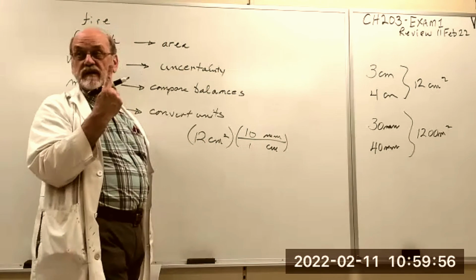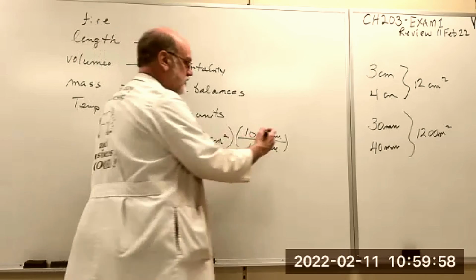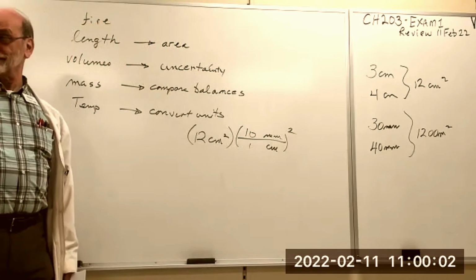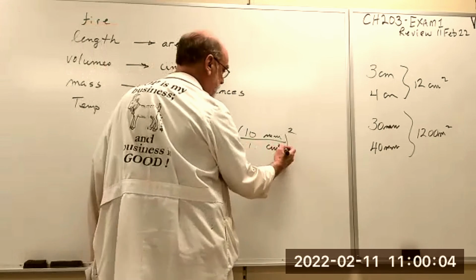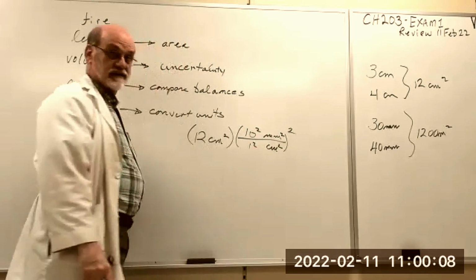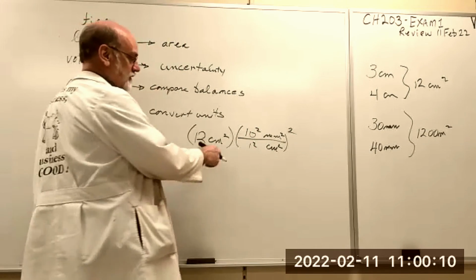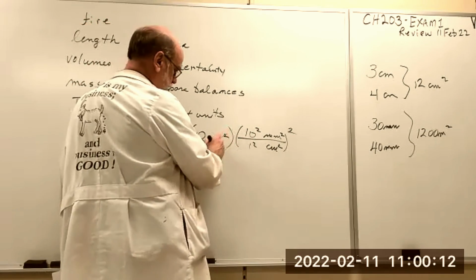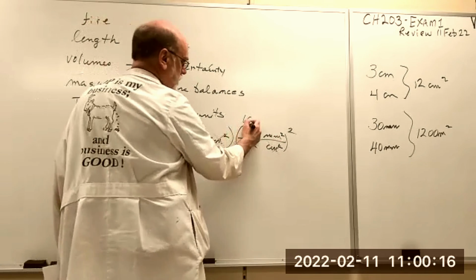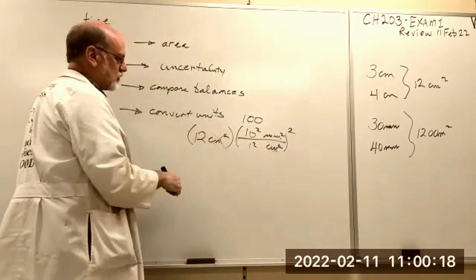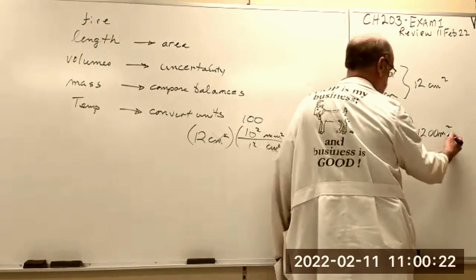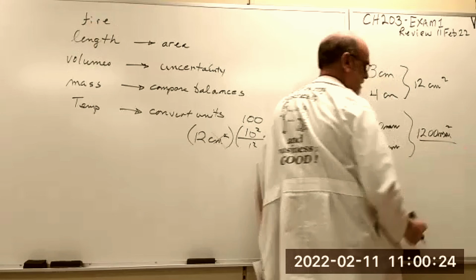It only does one of them. So the trick here is to square them. Okay, so that squares this, that squares that. So now, this cancels, leaves you with square millimeters, and this is 100. So 100 times 12 is 1200. That's why I got 1200 square millimeters.